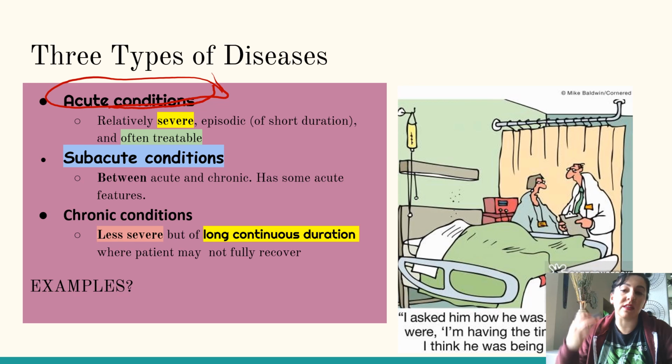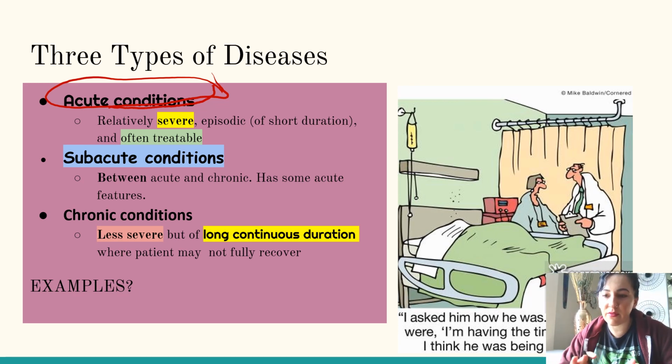So chronic conditions are the least severe of the three. All right. However, this is the longest kind of condition. It's so long, in fact, it could last throughout your whole lifetime. Okay. Sometimes patients never recover from a chronic condition, and it's just something that they have to maintain.